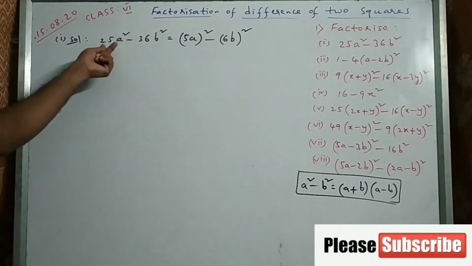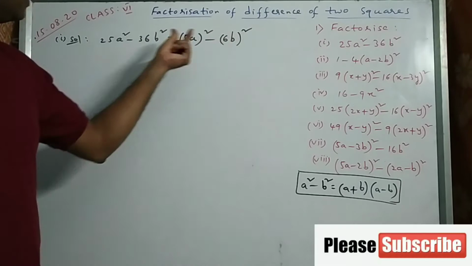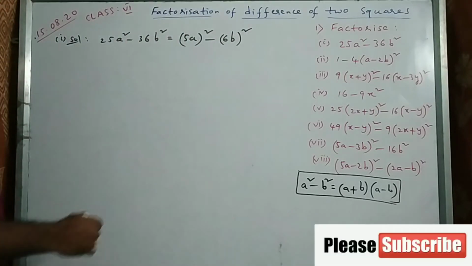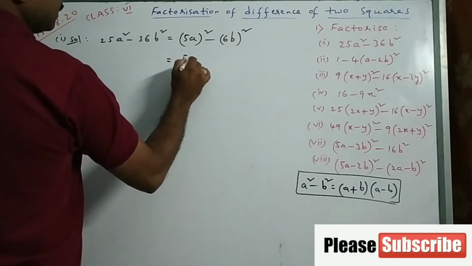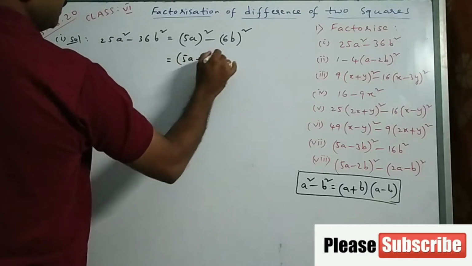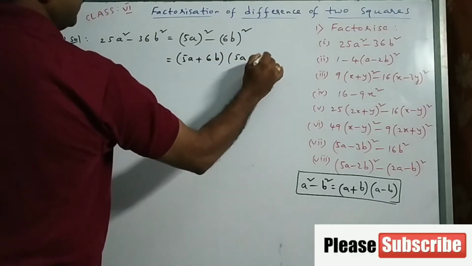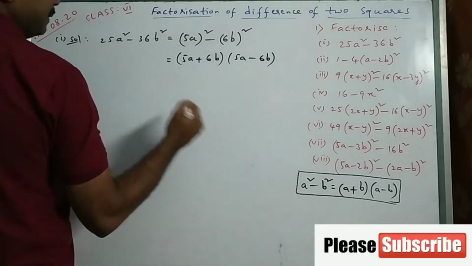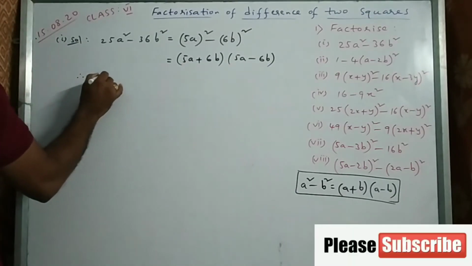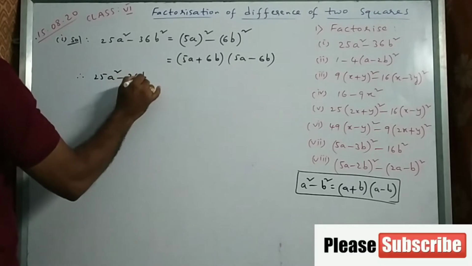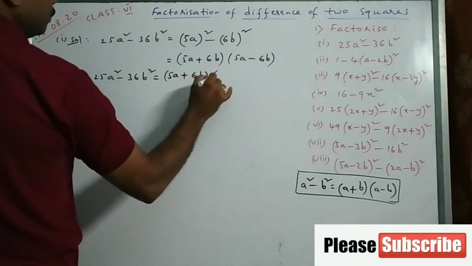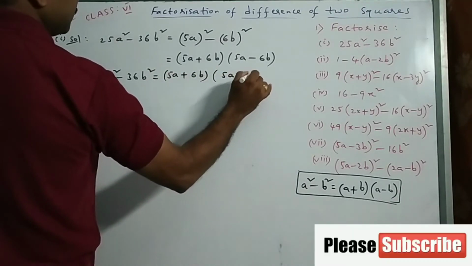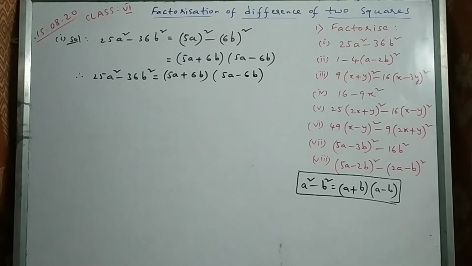Both are perfect squares. 5a into 5a, 25a square, 6b into 6b, 36b square. It looks like a square minus b square, means a plus b into a minus b. Formula. Therefore 25a square minus 36b square equals 5a plus 6b into 5a minus 6b. That is the solution.